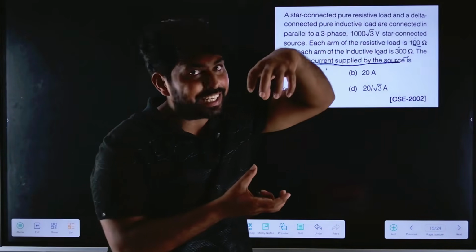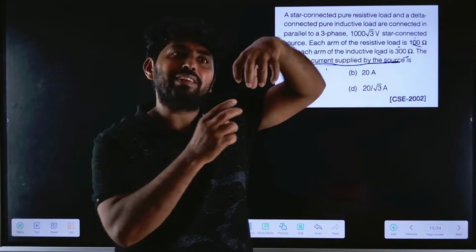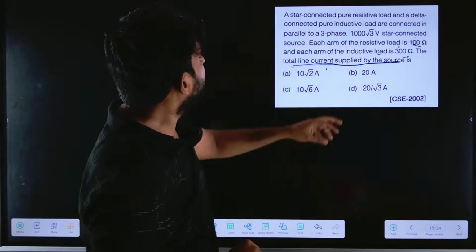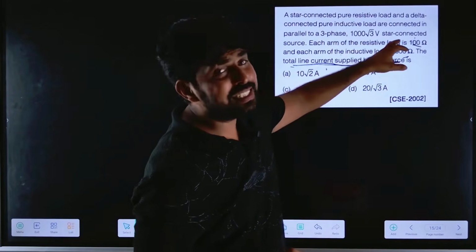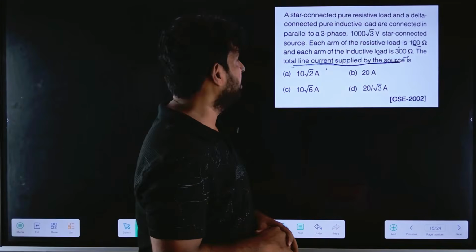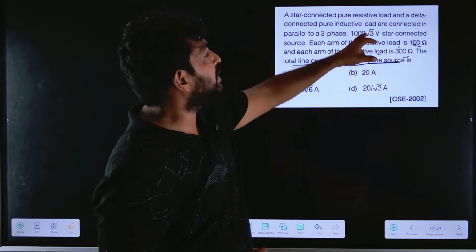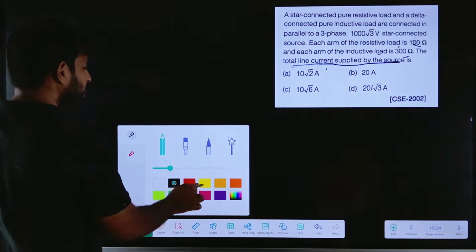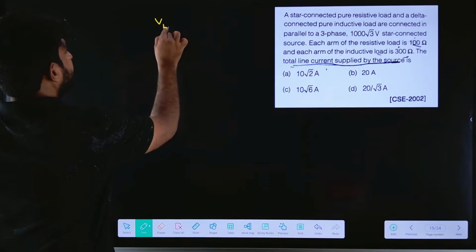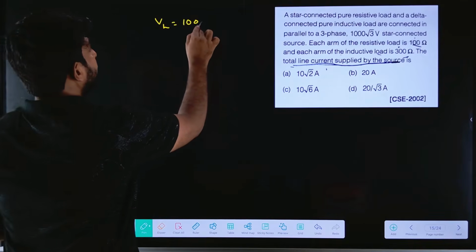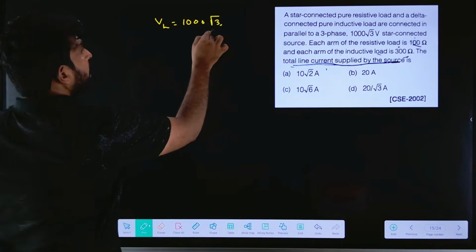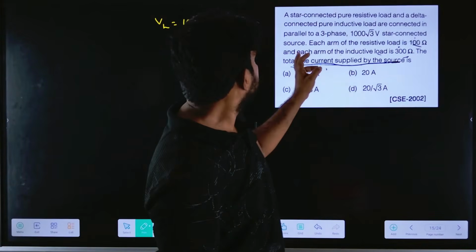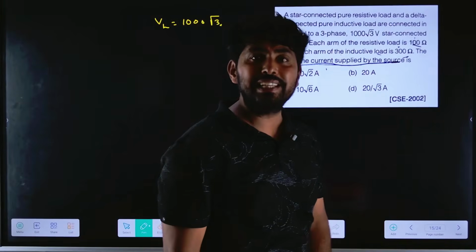The input is a star connected source, and the source voltage is given as 1000 root 3. Each resistance value is 100 ohms. Each arm of the inductive load, XL, is 300 ohms.